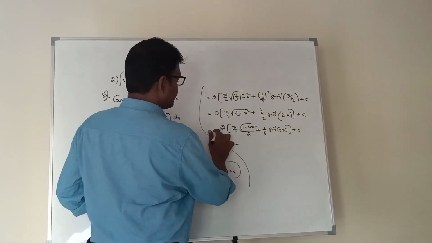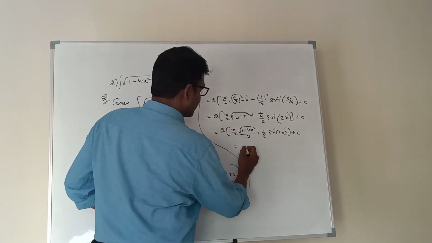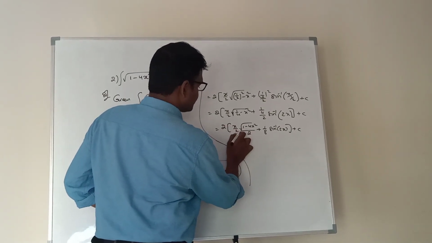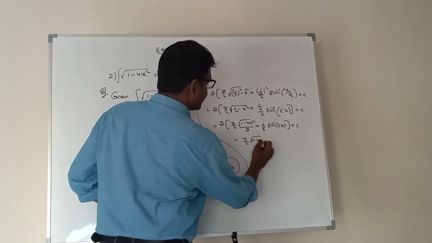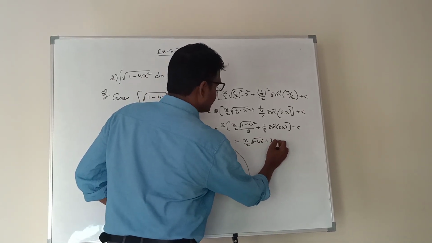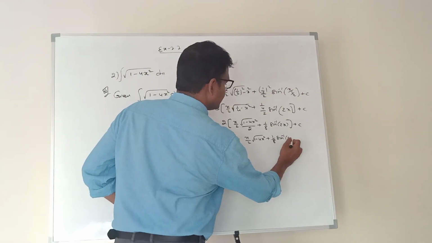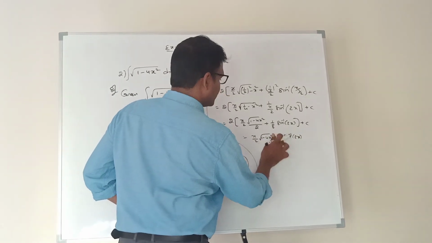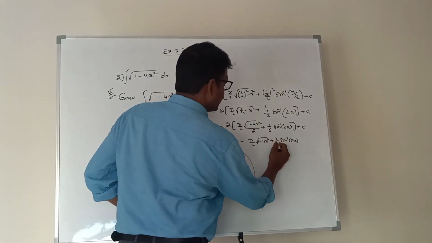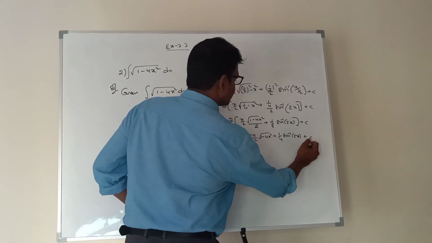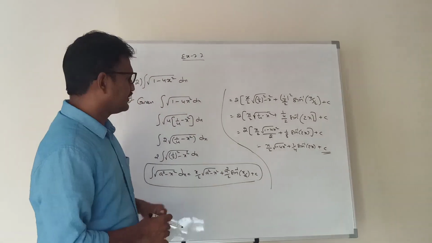So multiplying 2 inside, 2 gets cancelled, x by 2 is there into root of 1 minus 4x square plus 1 by 8 into sine inverse of 2x. If you multiply 2 inside, 2 into 1 by 8 will become 1 by 4, plus c. This is the integration of the given function.